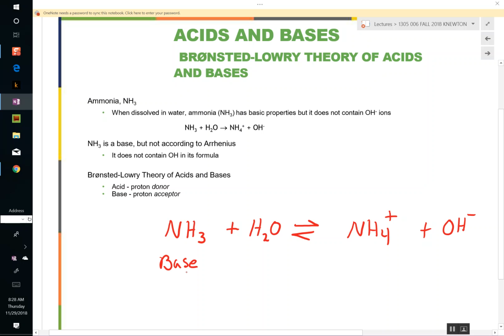So that came to the Bronsted-Lowry definition of acids and bases, which you should learn, which is simply right here. Bronsted-Lowry definition. The Bronsted-Lowry acid is a proton donor. A Bronsted-Lowry base is a proton acceptor. If the compound is accepting the proton, it's a Bronsted-Lowry base.